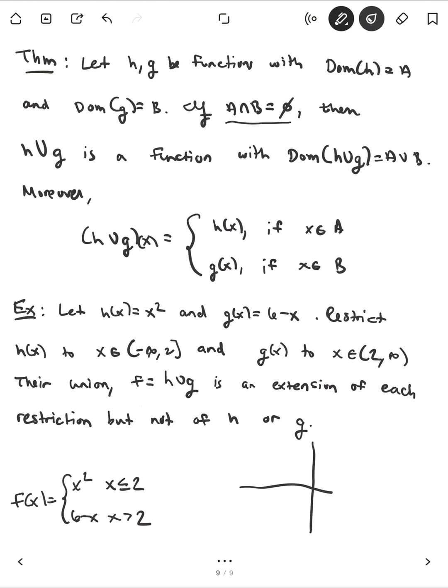And so you draw a picture here: 1, 2, so at 2 you get 1, 2, 3, 4, so you're up here, and then you're also up here, but then once you're at 3, 4, 5, 6, right? So you get 6 minus X here, and X squared here. Okay.